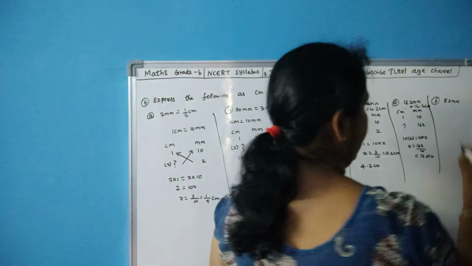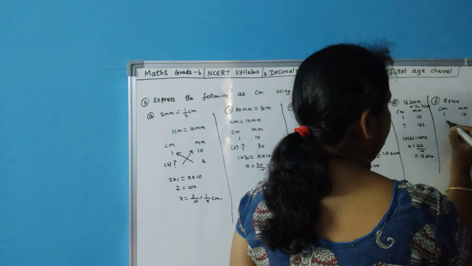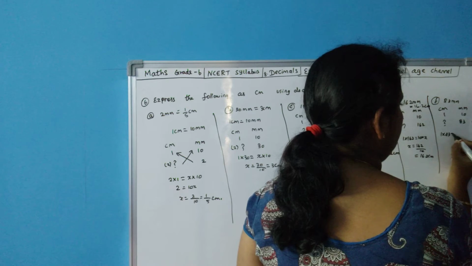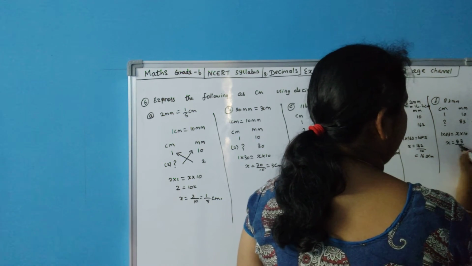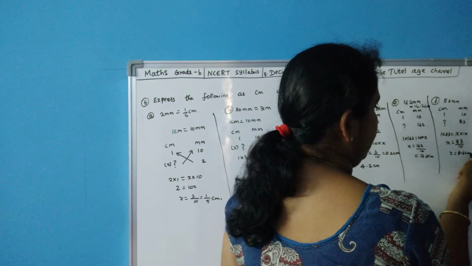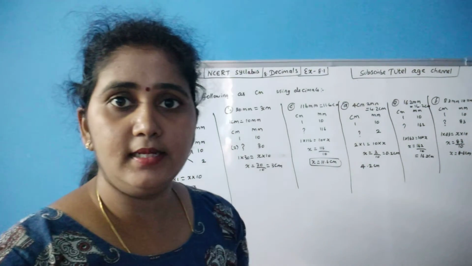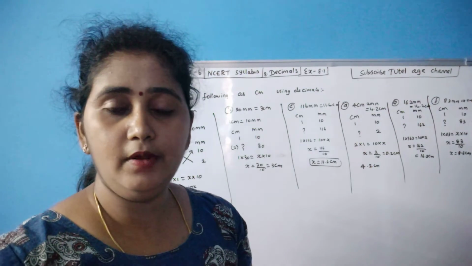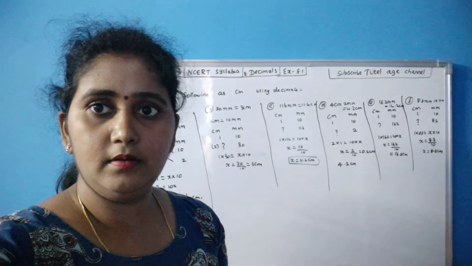Next one, 83 millimeter. 1 centimeter equal to 10 millimeter. 1 into 83 is equal to x into 10. X equal to 83 divided by 10. So x equal to 8.3 centimeter. Hope you understand the sums. I hope the sum is visible too. Okay. Now we'll move on to the next sum.